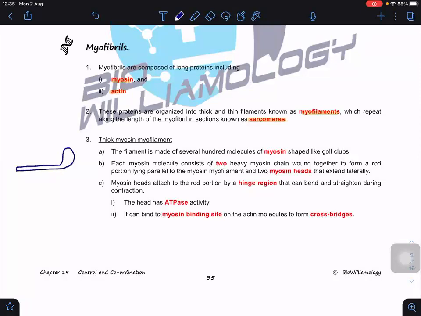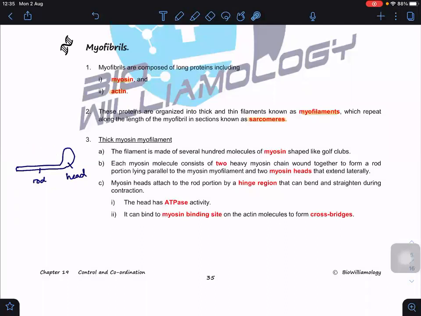This part is called the rod. This part is called the head. So myosin rods and myosin heads. Because of this, later they will form a thick myosin filament when several hundred molecules join together. Each myosin molecule consists of two heavy myosin chains wound around together to form the rod portion, lying parallel to the myofilaments, and two myosin heads.